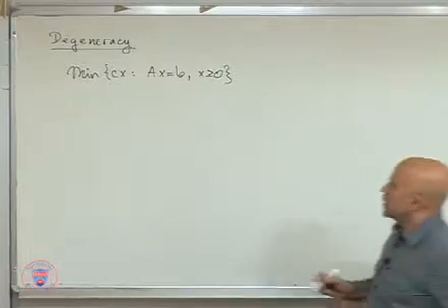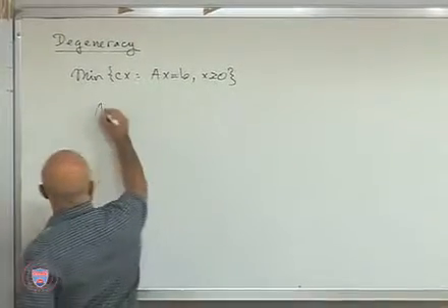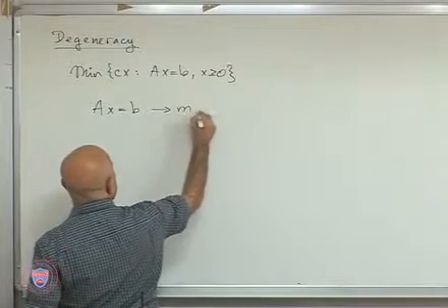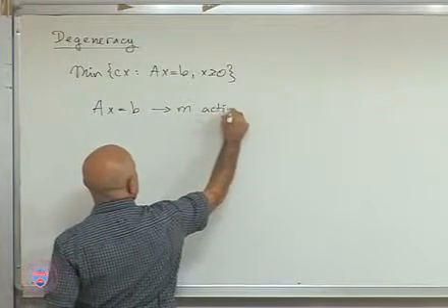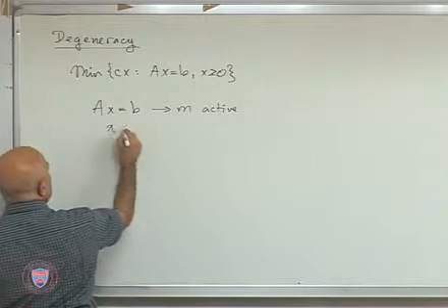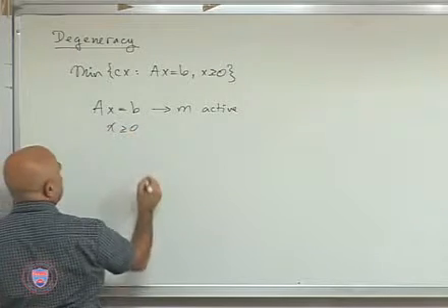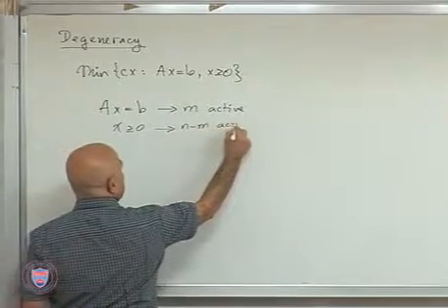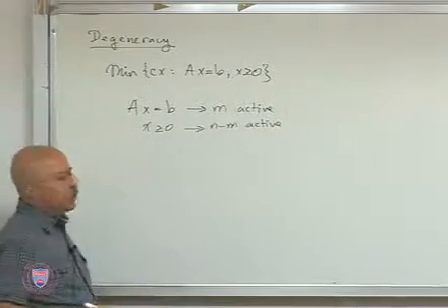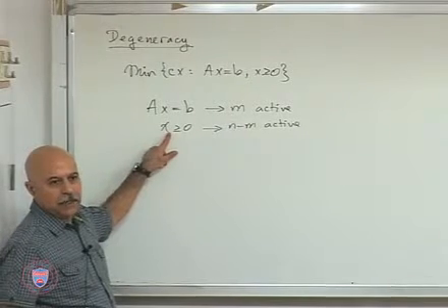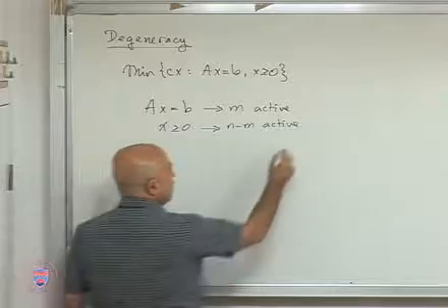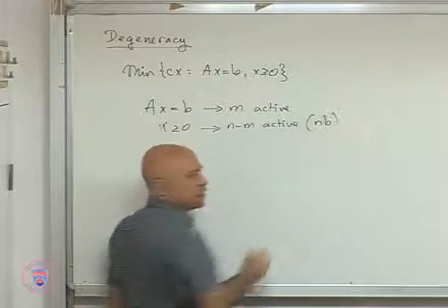In this case, recall that Ax equals b supplies m of the active constraints, and from x greater than or equal to 0, you need n minus m active constraints. So whichever ones are taken as active or as binding, those are the non-basic variables.